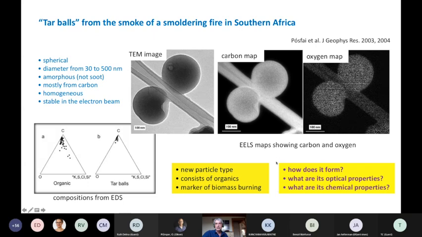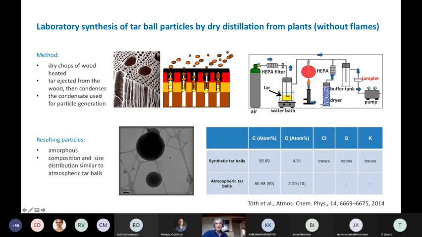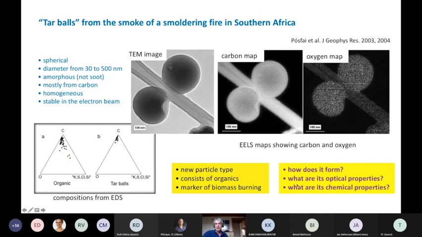And it turned out to be quite interesting because people started to find them in every corner of the world. But on the other hand, we didn't know what the optical properties and chemical properties are, because if you burn a whole forest, then these particles don't come just by themselves, but there's a lot of soot and other things next to them.